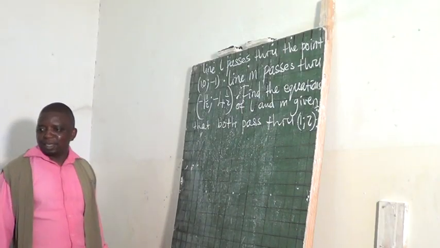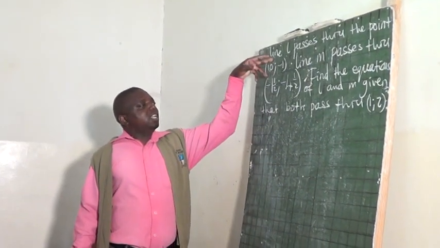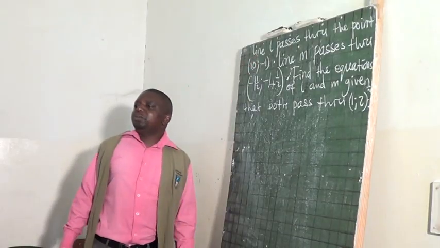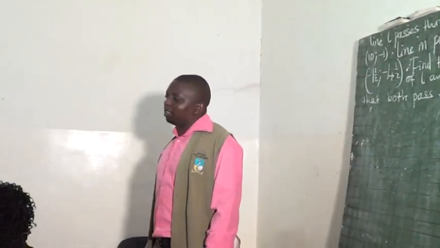The equation of line L. For you to find the equation of a straight line, you must be given at least 1 point and the gradient.